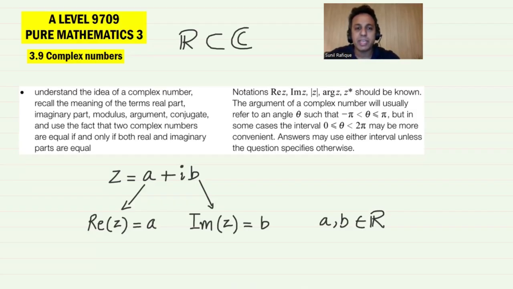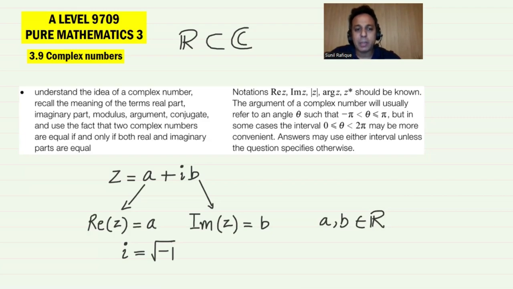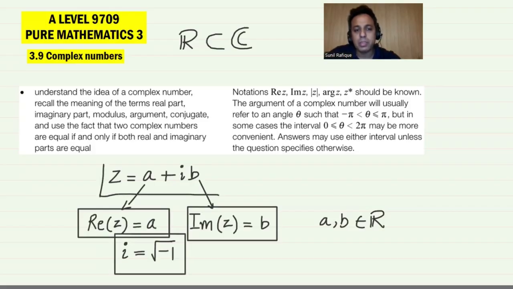Real numbers can be considered subsets of complex numbers, right? i, we already know its value is the square root of -1, which is the iota, the imaginary number. Any complex number can be written like this. Keep in mind you're familiar with the notations like real part of z, imaginary part of z, imaginary number, and the form of the complex number, right?